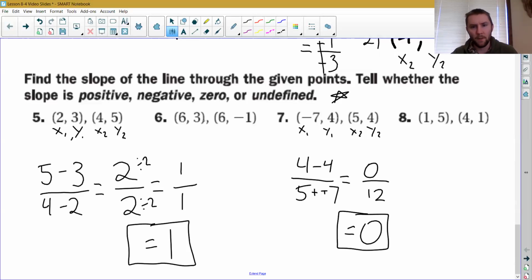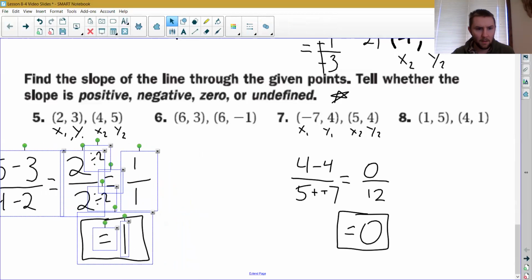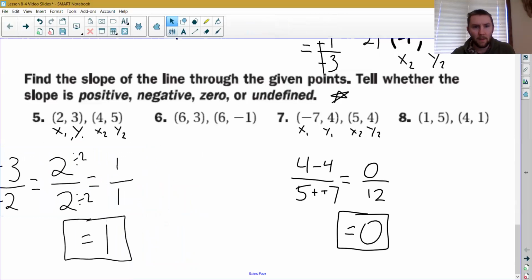Now, if I jump to number 6, and I might move some of this stuff out of my way. Okay, if I jump to number 6 here, I'm going to do the same thing.